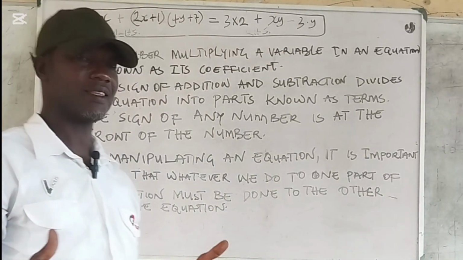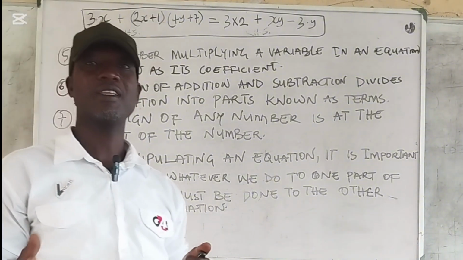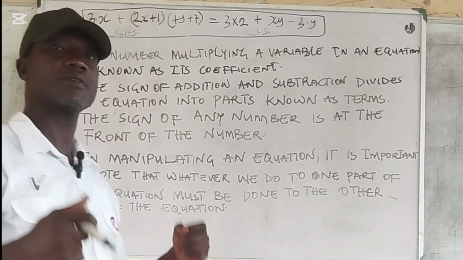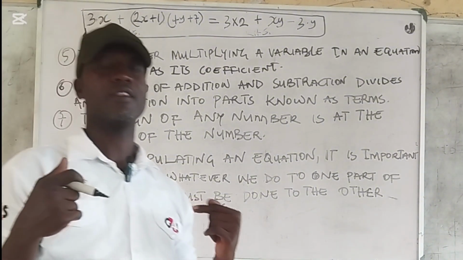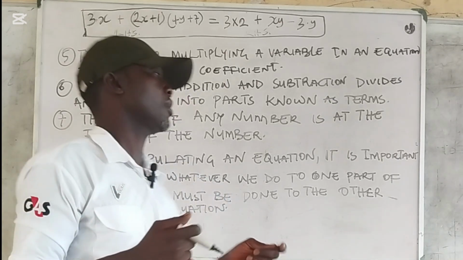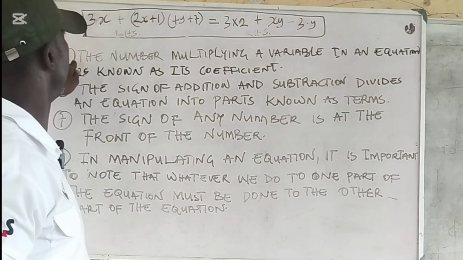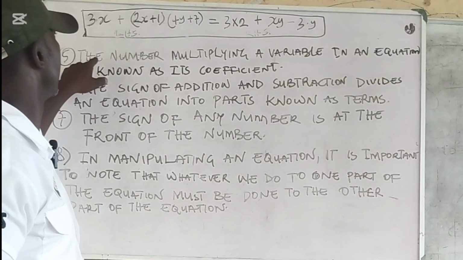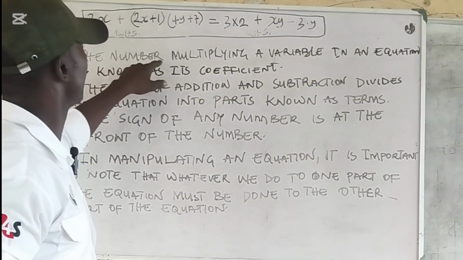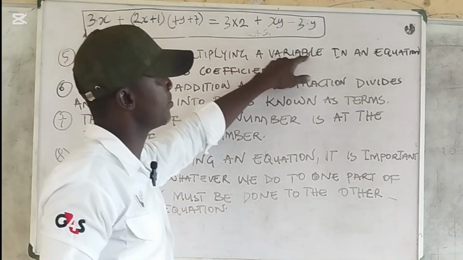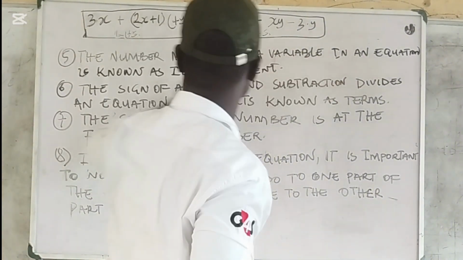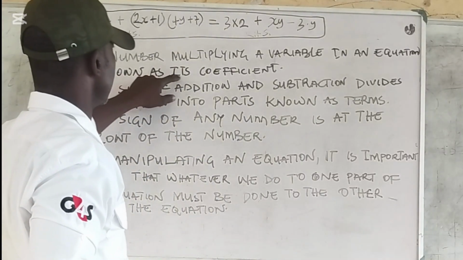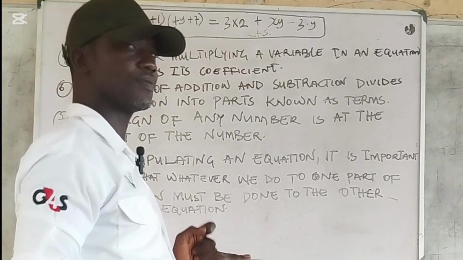Without wasting much of our time, guys, let's discuss the fifth fact about maths equations that we need to know. It's written on the board. Number 5: the number multiplying a variable in an equation is known as its coefficient.